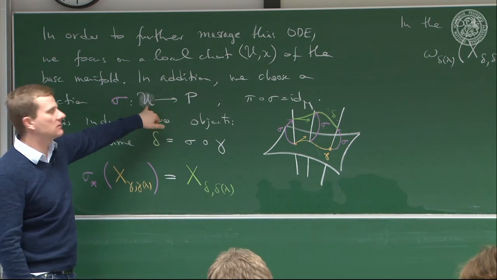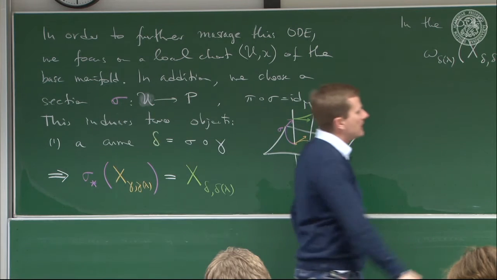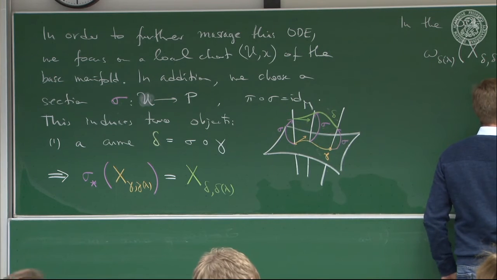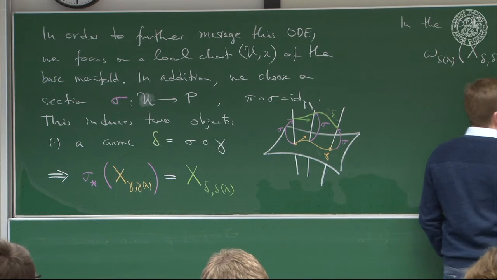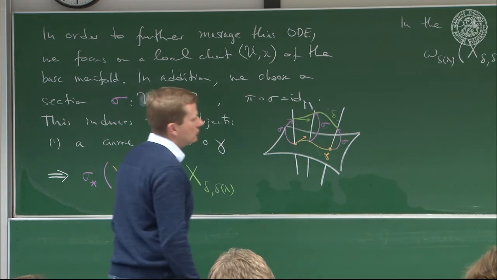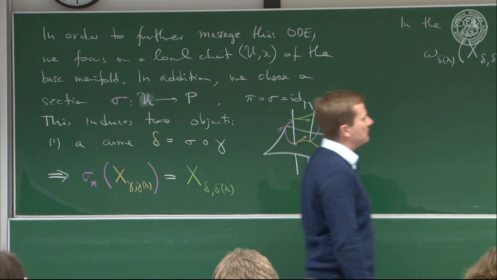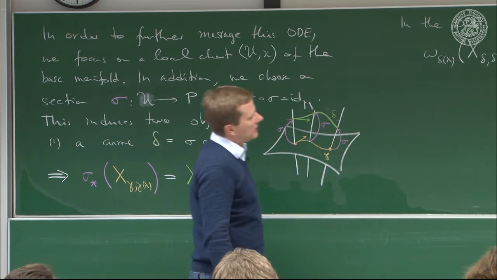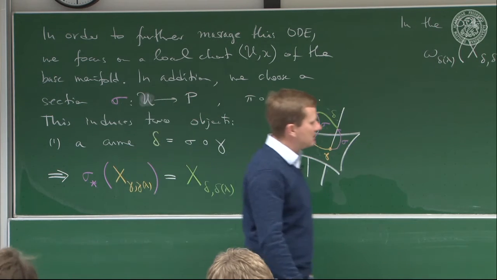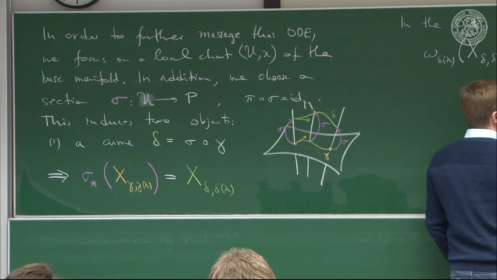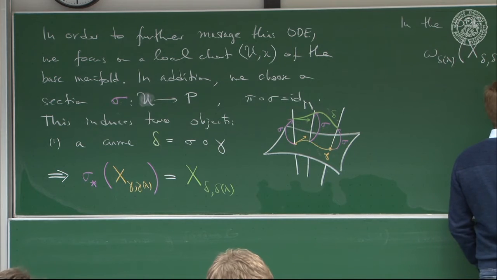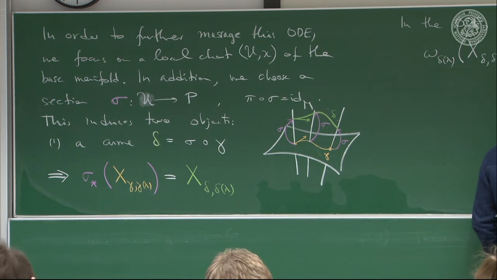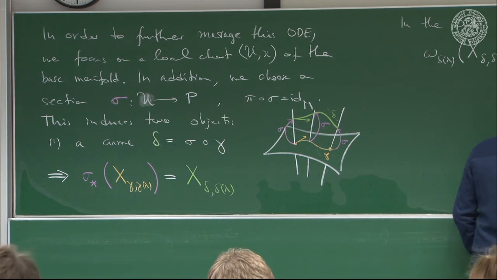It's only a section on the local patch. This is nothing but the Yang-Mills field gamma on U, which is defined by virtue of this section. So probably one should always write gamma of U, but it mainly depends on this sigma. So this is this one form, and this one form, of course, eats this tangent vector here. Okay?